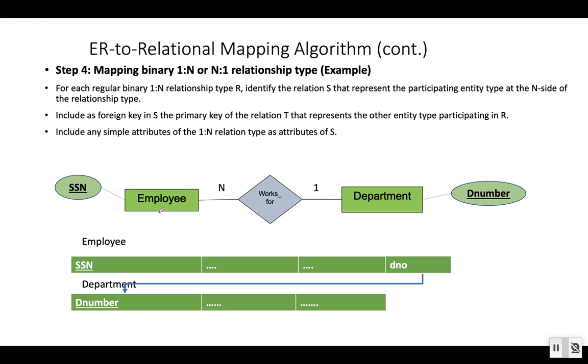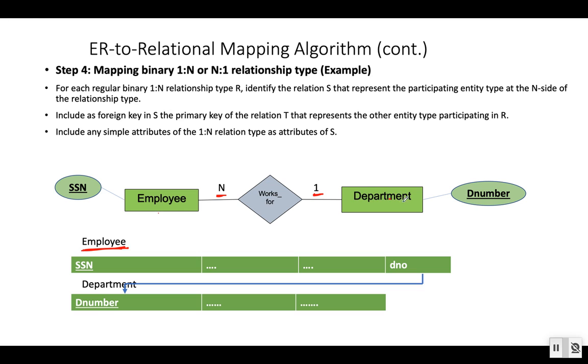Now employee is on the n side and department is on the one side. So we're going to add a foreign key in the employee relation, and see how they are related with each other.